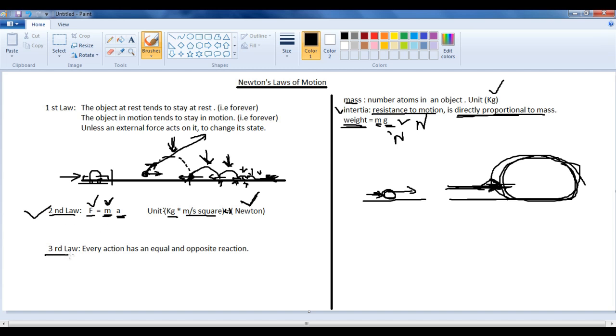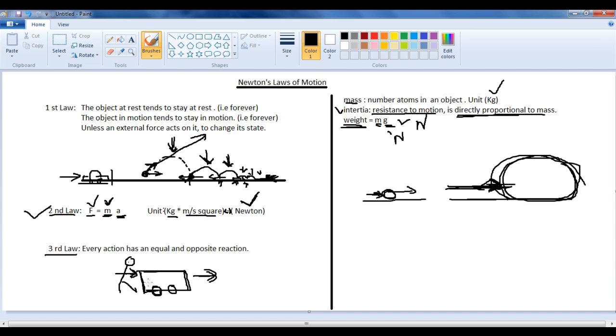Now there is the third law of motion. Newton's third law of motion: every action has an equal and opposite reaction. What is the meaning of that? If you have an object, like a car, or a bus, or some game object, or some object like a table, and you are trying to push this object in this direction, that means you are exerting a force on this object to move it in this direction.